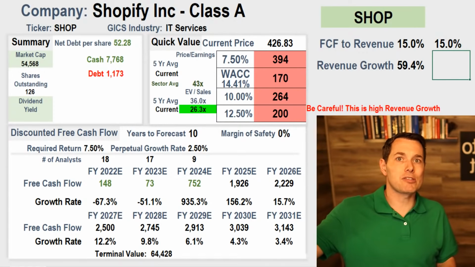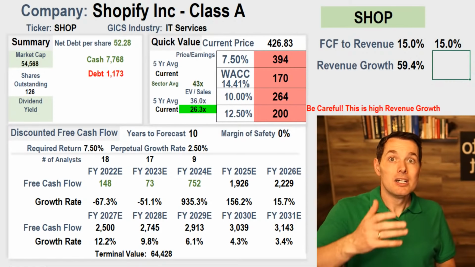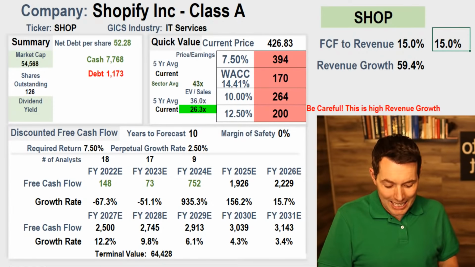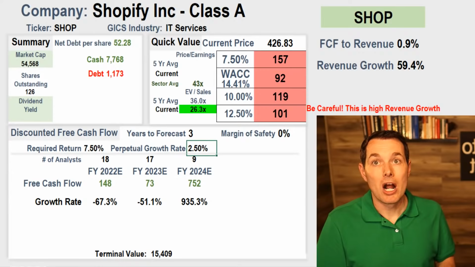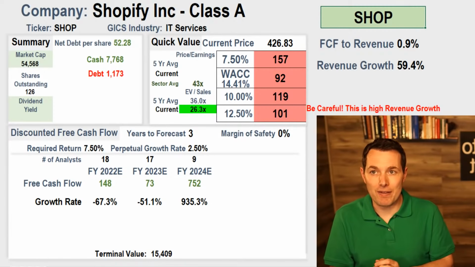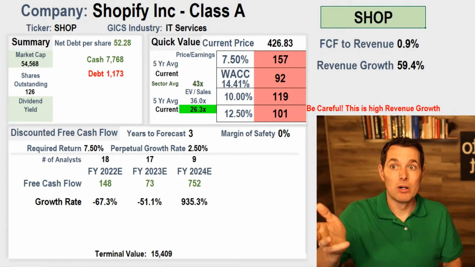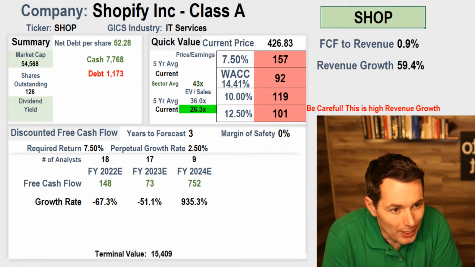You look at a company like Microsoft or something, they have 30% free cash flow to revenue, maybe higher. So you can see that drastically changes the numbers. But again, got to do the research. That's why this is great for a lot of companies when there's enough analyst coverage. But Shopify, if it is a steal right now, without doing the research, we won't know. Okay.